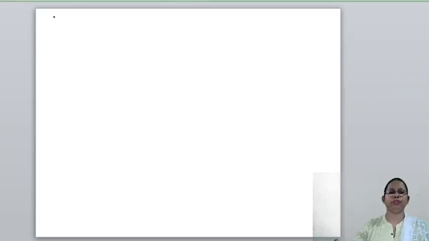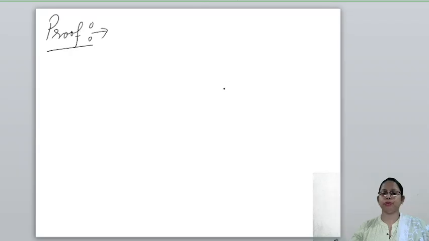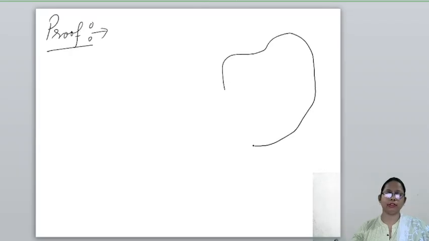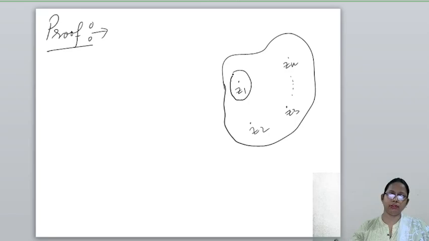Next, the proof. First, we will draw this figure. This is Z1. Suppose this is Z2. This is Z3. This is Zn. Draw a circle gamma 1.